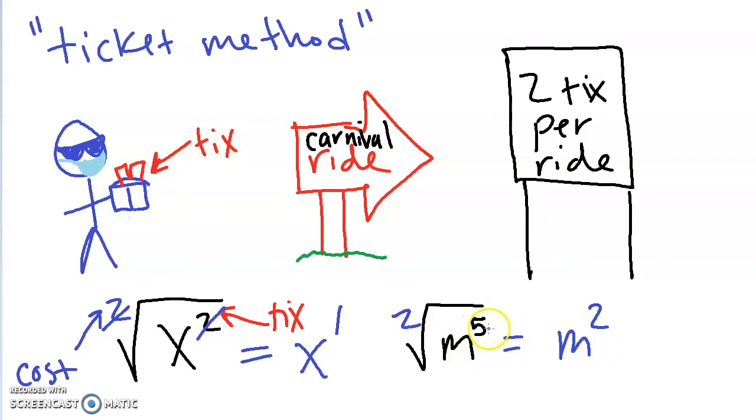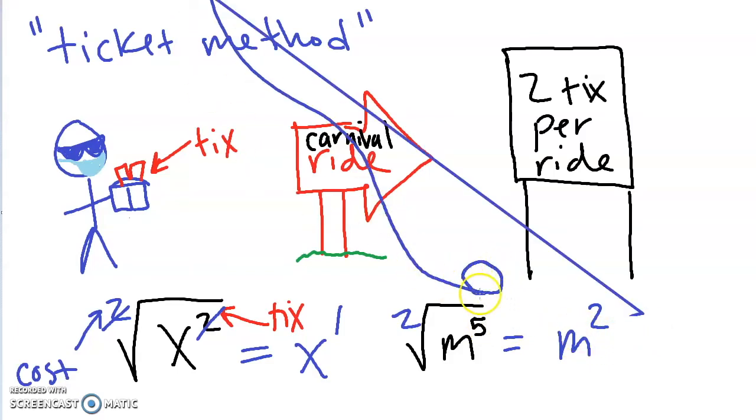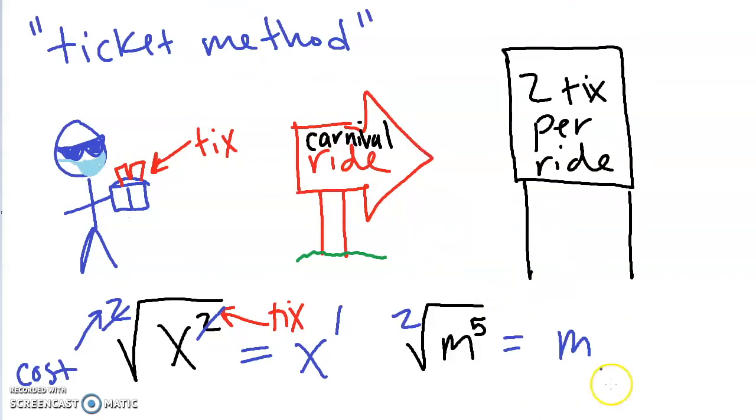Because he would use 4 tickets on the ride and he would have 1 left over. And that leftover is going to be put inside of our radicand.